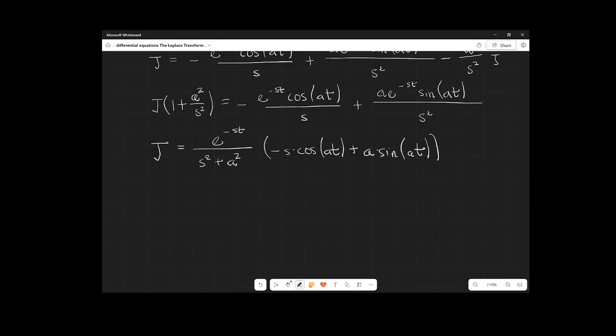And so basically this is the integral that is j.